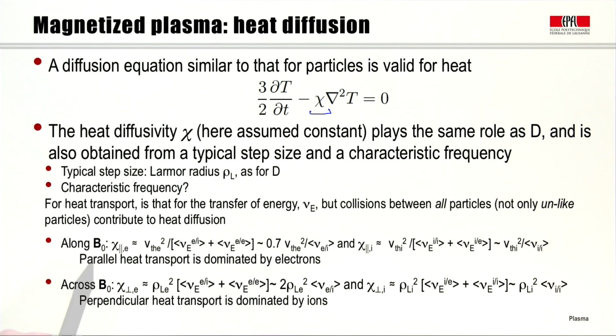So that means that the evaluation of the diffusion coefficient, although based on the same principle, is somewhat different in quantitative terms. Let's consider both directions, along the magnetic field and across the magnetic field.